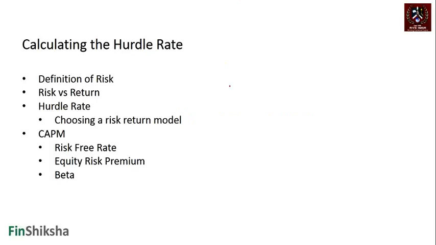So let's look at broadly how we are going to define this entire spectrum of discussion. We're going to first define what is risk and look at risk versus return and understand how they are both sides of the same coin. If they are sides of the same coin, then we can use something like a risk return model in order to identify the minimum acceptable return for any kind of project or investment.